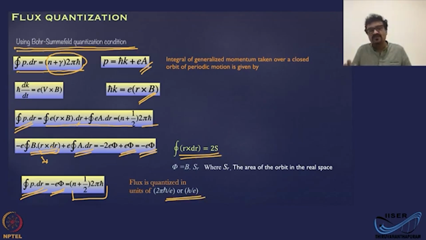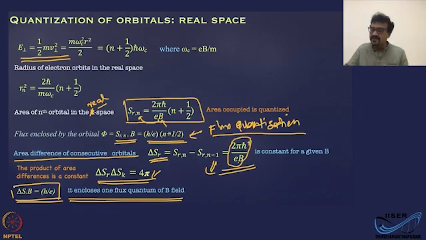So this quantization of the magnetic flux enclosed by a closed orbit, you can arrive at from the very basic Bohr-Sommerfeld quantization condition. But the same condition you also get by a simple calculation of the area in real space, the area of the orbit under the action of a field, and multiplying that by the field. You are getting the same condition.